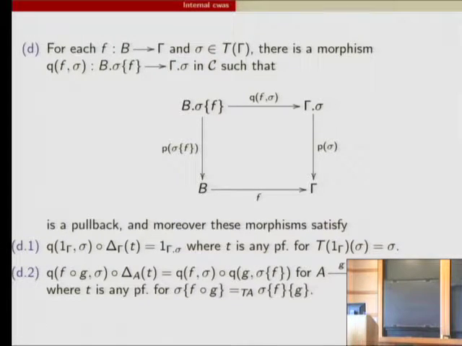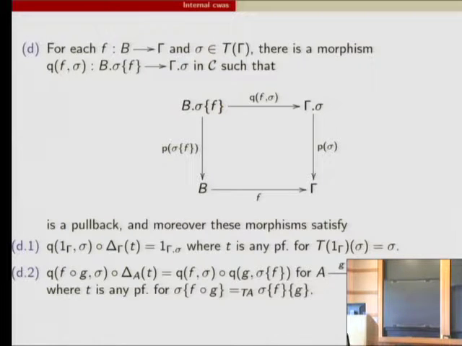For any object here, you would have a morphism, the projections like this and the pullback. And now we can adjust our proof, our equations here, by introducing these explicit coercions in some places.